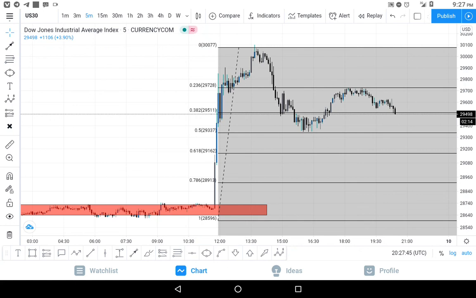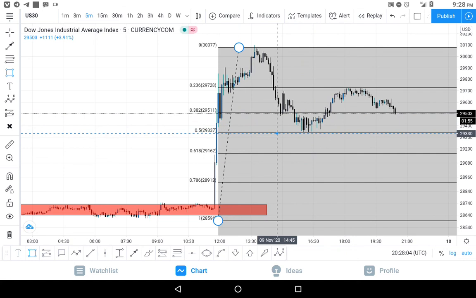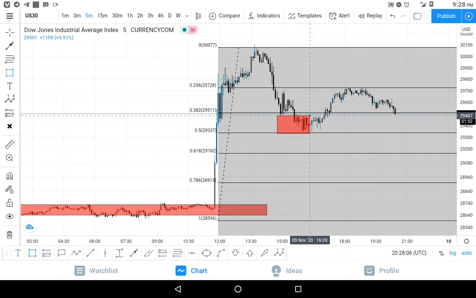You can see that price tried to come down but was not able to push down, guys. See the way the candle played here.